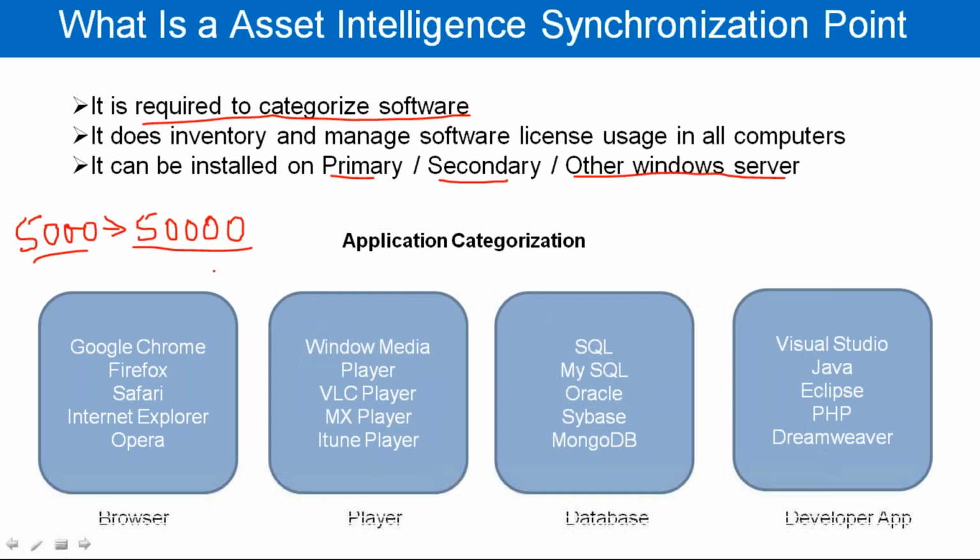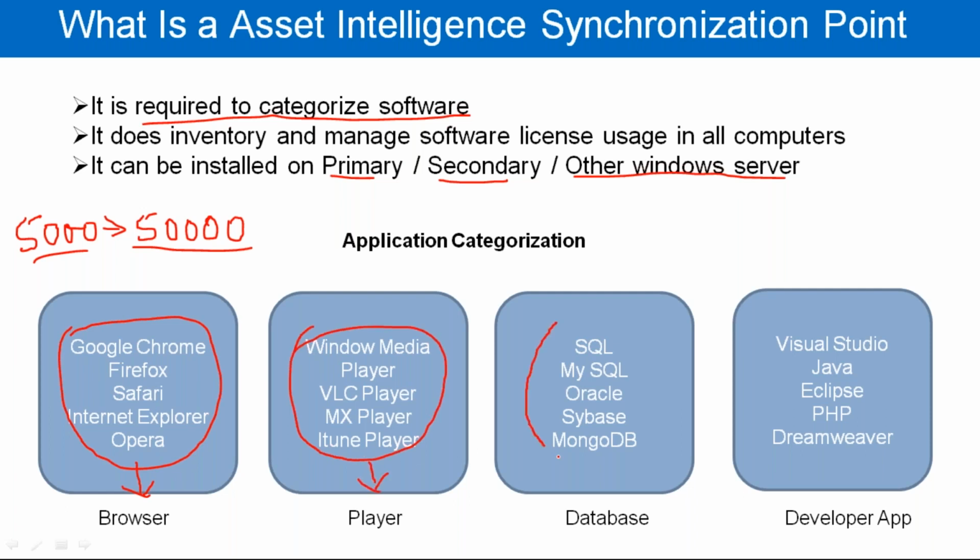So it will help you to do the categorization like this. It will categorize applications like these belong to browser family, right? These belong to player family. These belong to database family, and these belong to developer family. So all those 50,000 applications will be categorized in such a way that you can also understand the category of those applications, and it will give you the information about how many computers are there with Google Chrome.